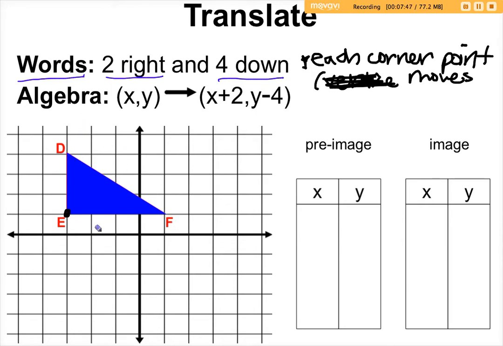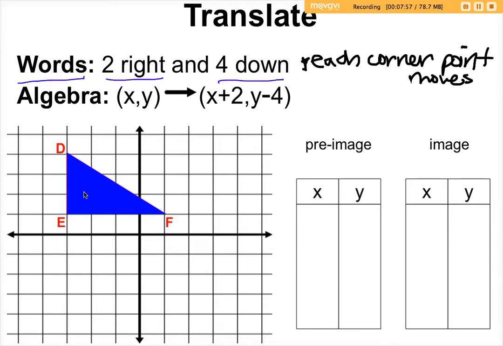So each of our corner points are going to move 2 to the right and 4 down. If I take this blue triangle, I'm going to move it 1 to the right, 2 to the right, 1 down, 2 down, 3 down, 4 down.